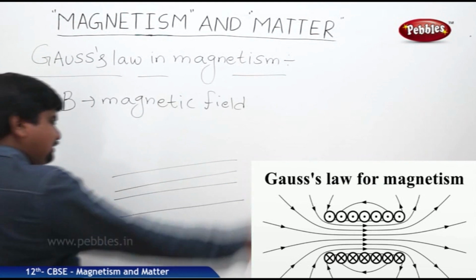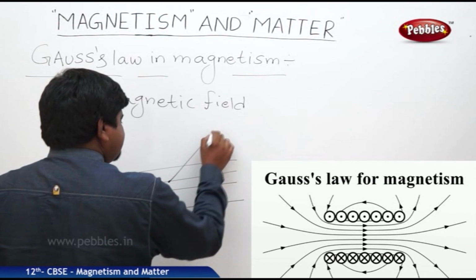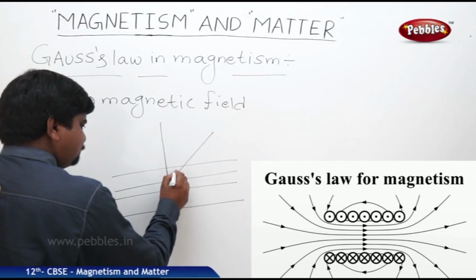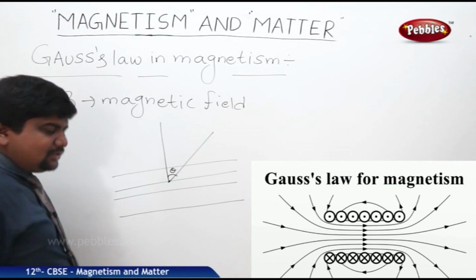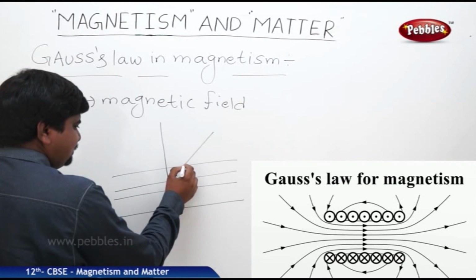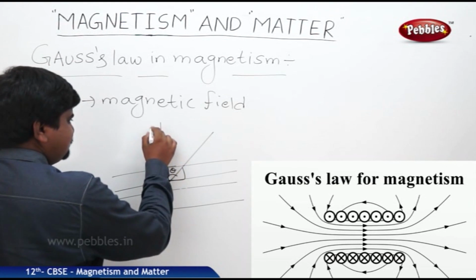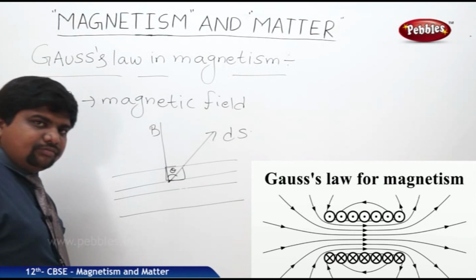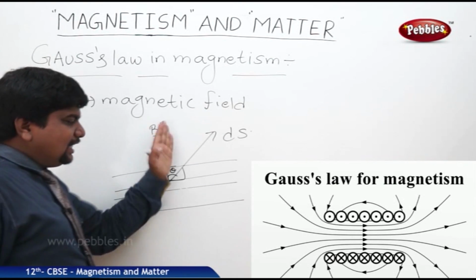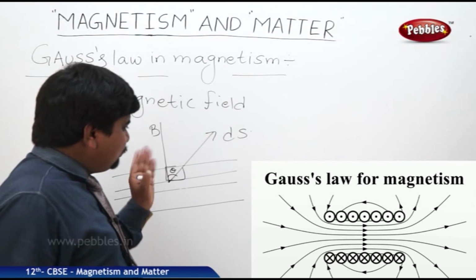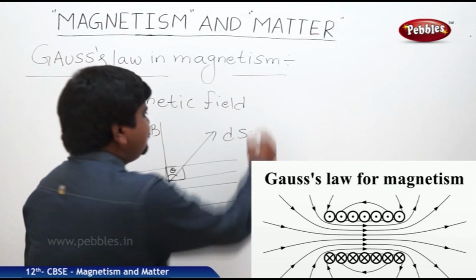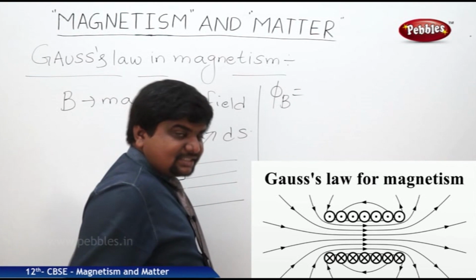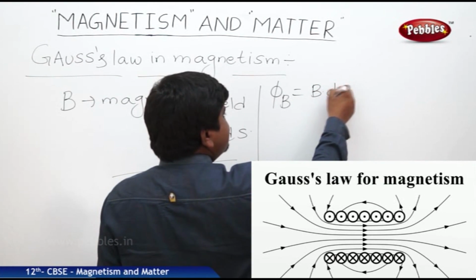We took one small element of the surface, this element ds, and this is the B. So magnetic field lines and the surface are perpendicular to each other. Therefore phi b, nothing but the magnetic flux, is equal to b dot ds.